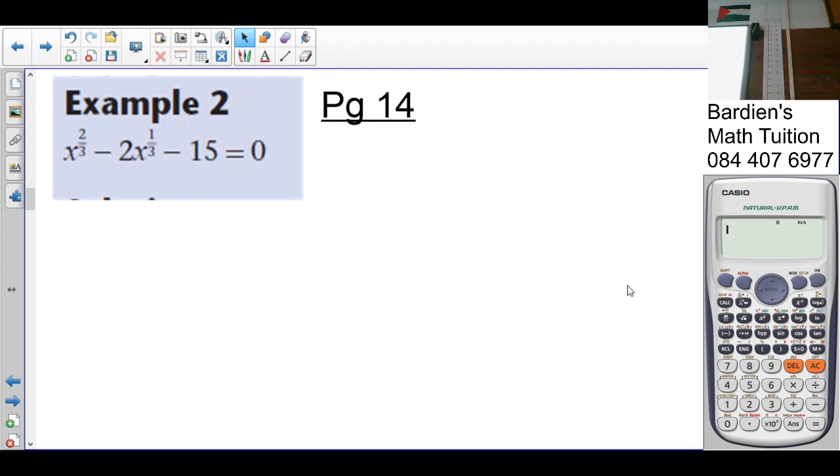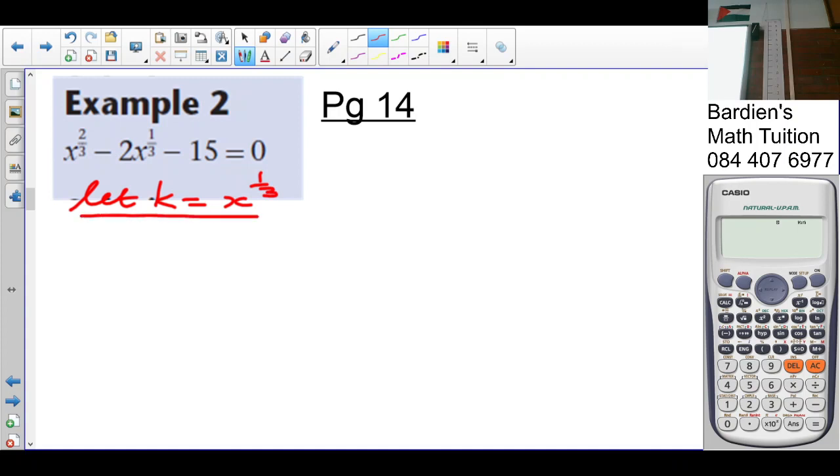Okay, so what are we going to let k be equal to here? We say let k equal x to the third. So what will the trinomial now read? K squared. You all agree with that? K squared minus 2k minus 15 is equal to 0. So what do we have now? Trinomial. Factorize the trinomial.